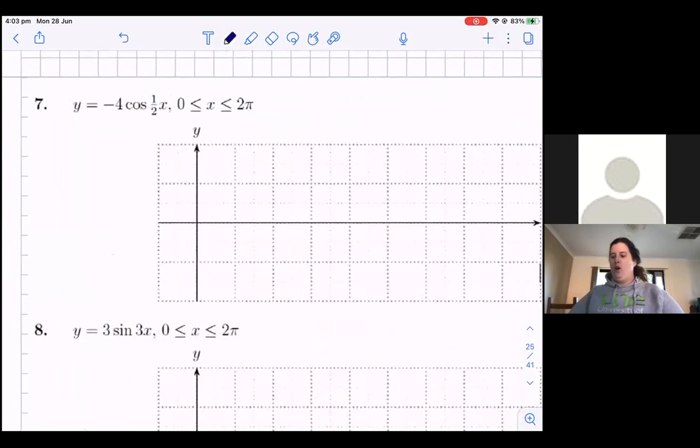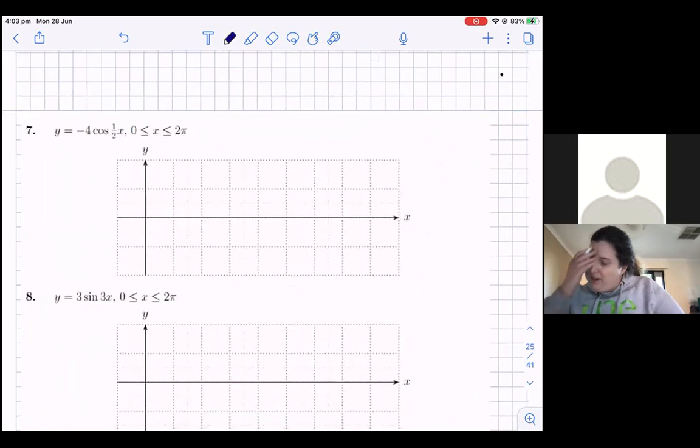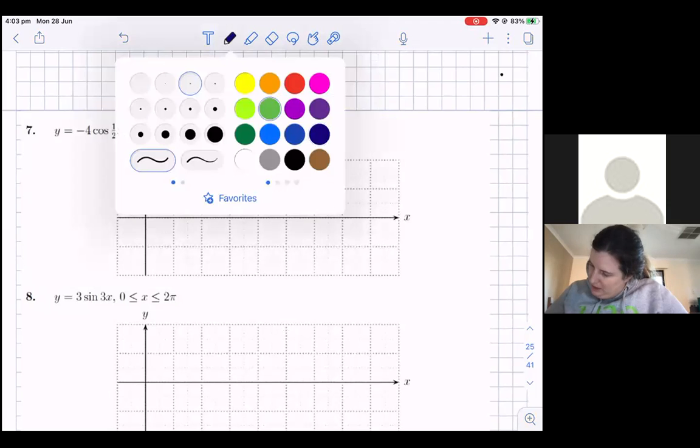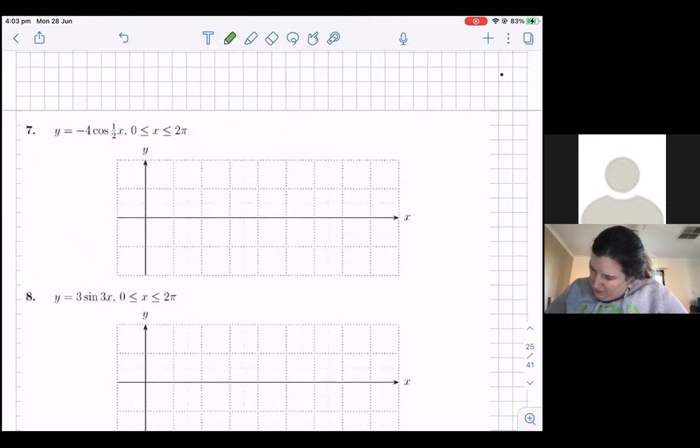Okay. -4 cos half x from 0 to 2 pi. So we're going down from -4 to +4. Now, normally, if I take into account the stretch, pi on 4, pi on 2, 3 pi on 4, pi, 3 pi on 2, 2 pi. Okay. Normally cos is going to hit these marks.